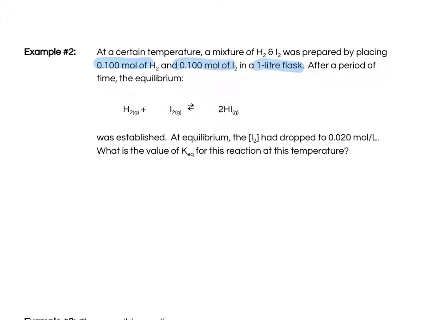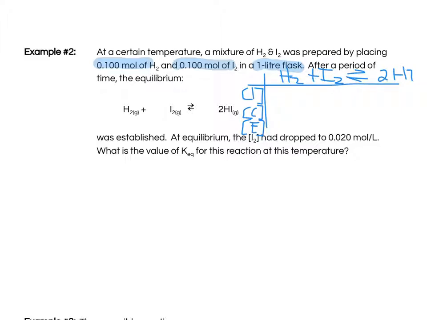All right, so I have H2 plus I2 going to make 2HI. And remember, I have my initial concentration, my change in concentration, and my equilibrium concentration.